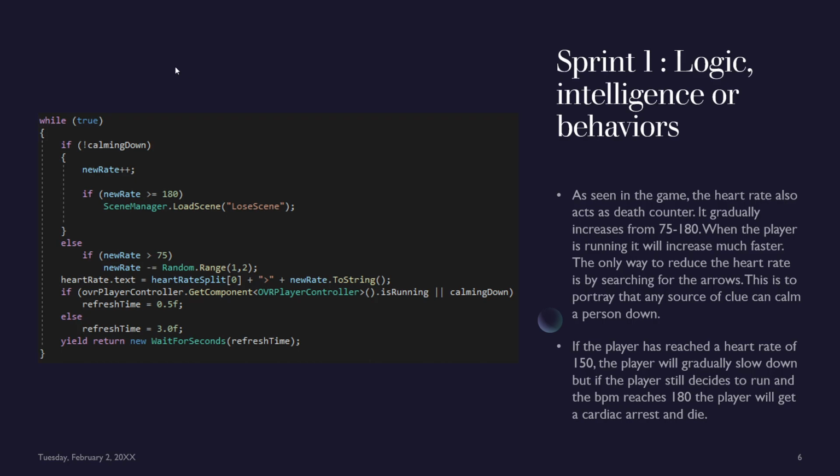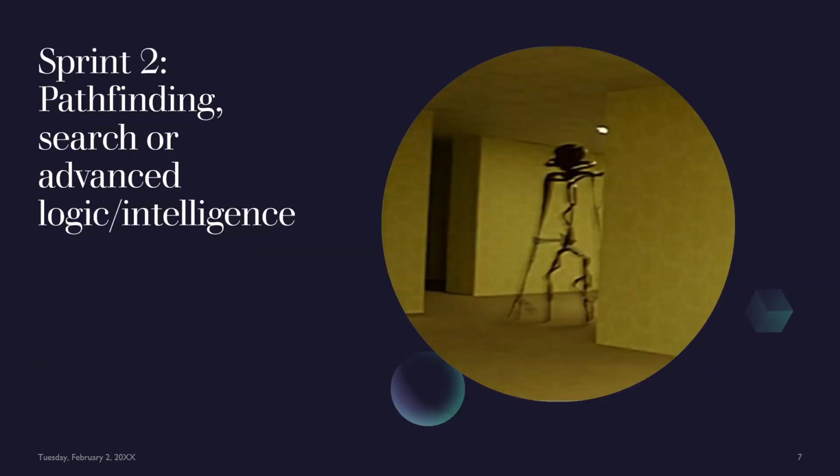In the code, it shows over here that at 180, automatically you'll get a lose scene. And it also shows that it will gradually increase by one or two. The 150 part wasn't shown because that was supposed to be a part of the FX, but that's for future work.